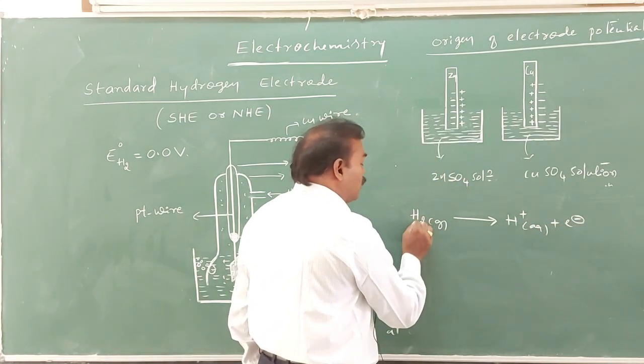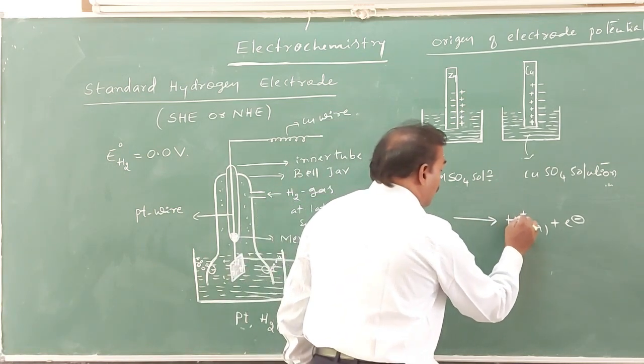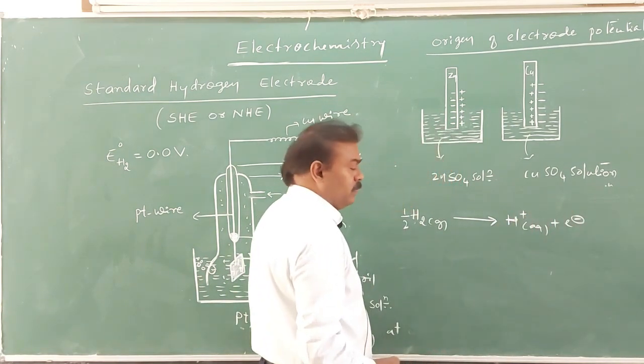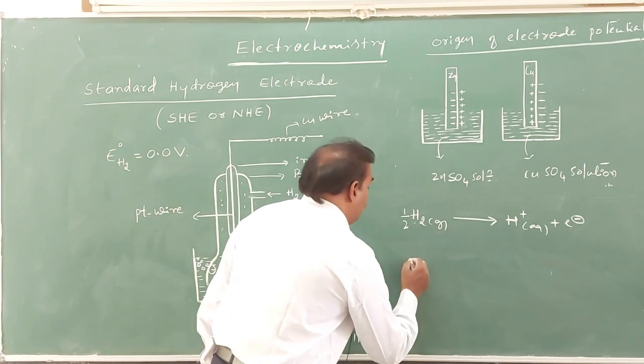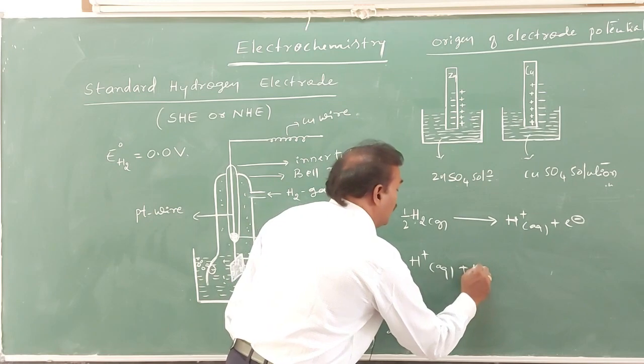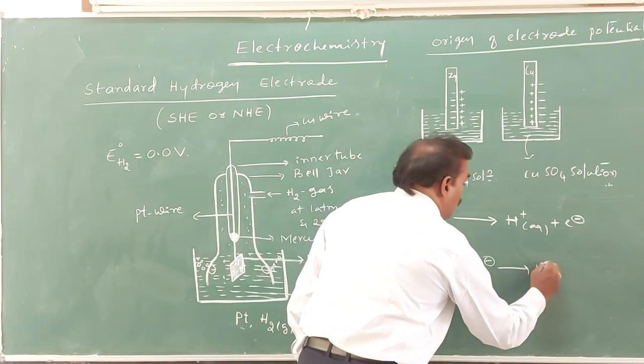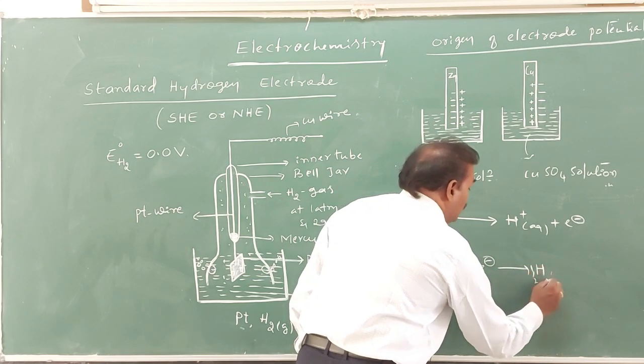Here 1 mole of hydrogen gas we have taken, or half a mole can also be taken, giving 1 mole of H plus and 1 mole of electrons. At the same time, the reverse reaction can be written like this: H plus ion taking the required number of electrons and forming 1 mole or half a mole of hydrogen gas.